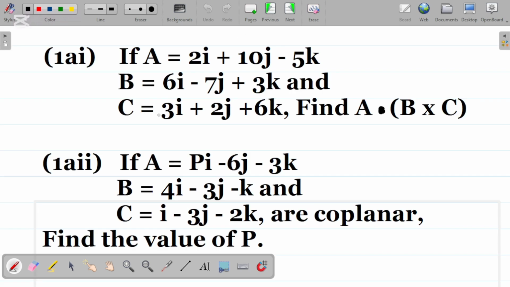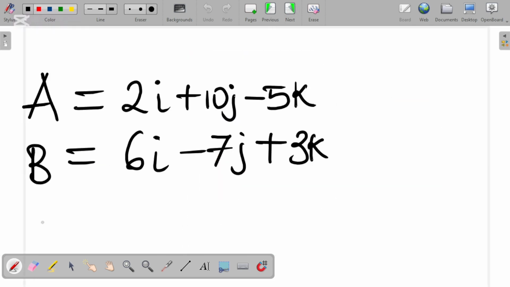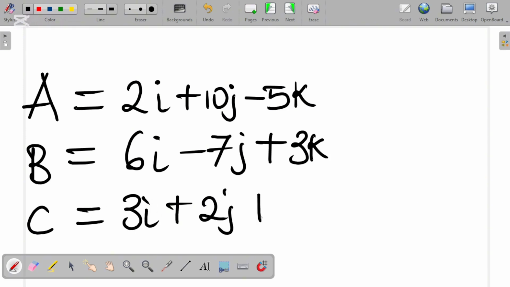Vector C is equal to 3i plus 2j plus 6k.